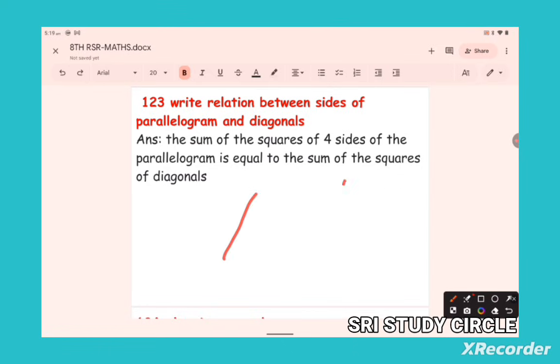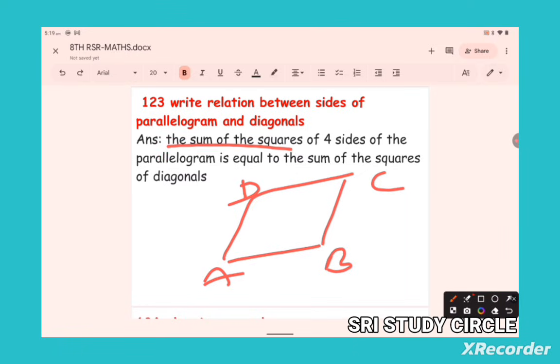Suppose this is a parallelogram ABCD. The relation between sides and diagonals of a parallelogram.